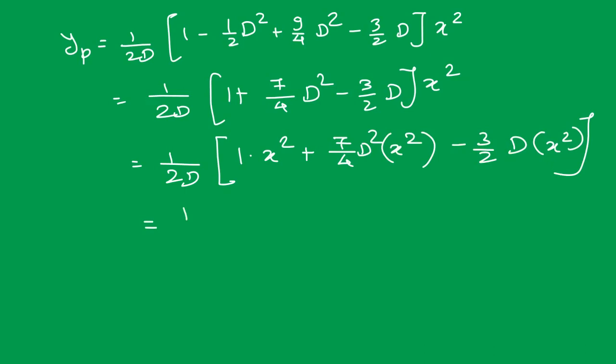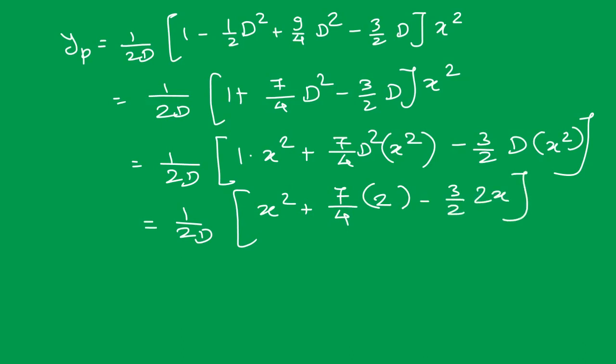So this will give us x square as it is, plus 7 by 4 times the second derivative of x square, that will be 2, minus 3 by 2 times the derivative of x square, which is 2x. This 2 and this 2 will get cancelled. This will become 7 by 2 here. So this is 1 upon 2d operates on x square plus 7 by 2 minus 3x.